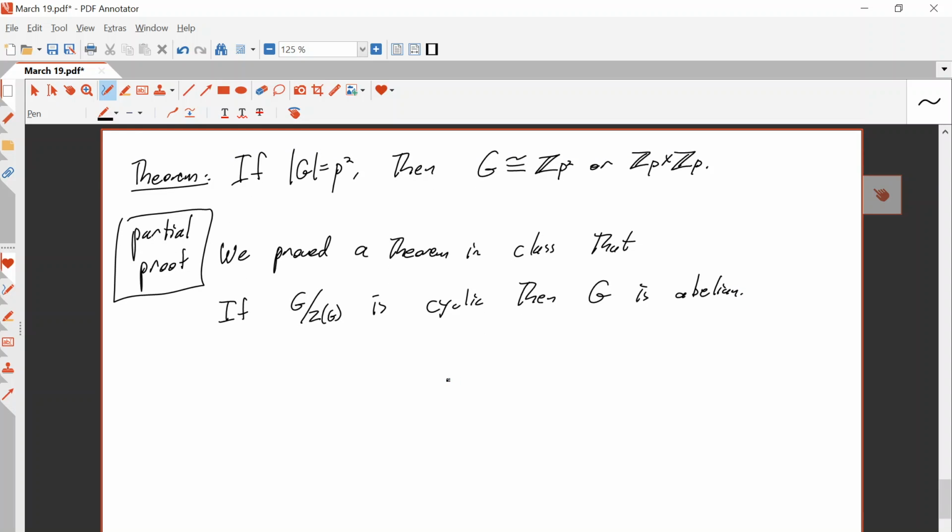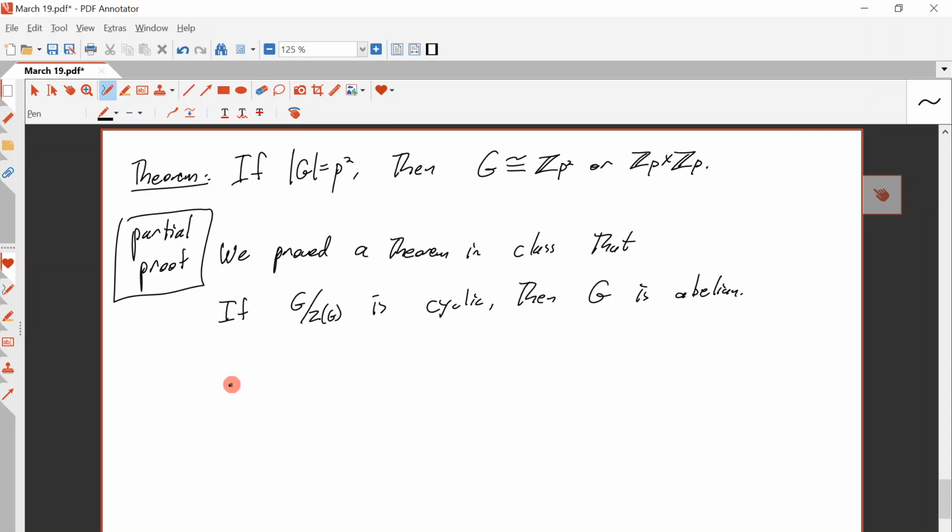The center is the set of all elements in G that commute with all other elements. Equivalently, if G is non-abelian, then G mod Z is not cyclic. That's the original statement in the contrapositive.